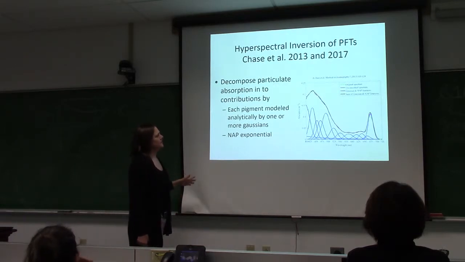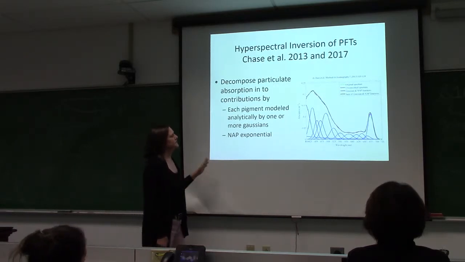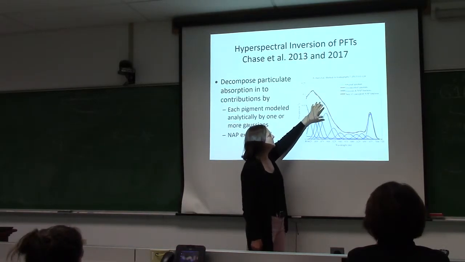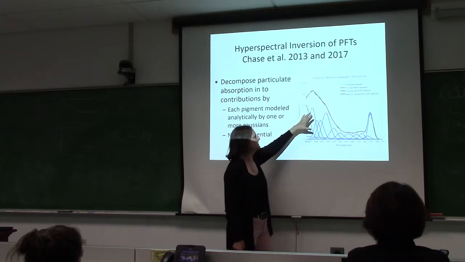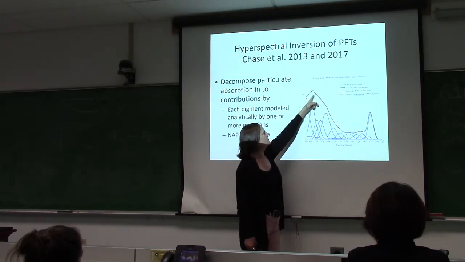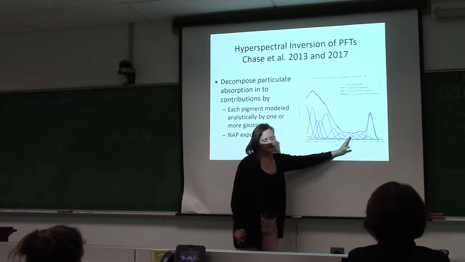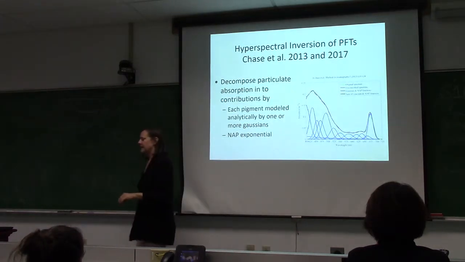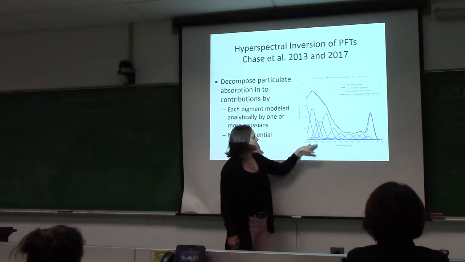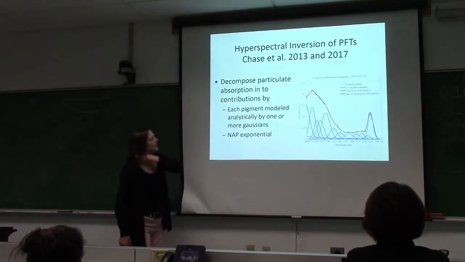So she published a couple papers, and her master's was looking at the absorption spectra of phytoplankton, and this wasn't new. Other people had done this decomposition, but she took it into a really different realm. She decomposed the measured spectrum into the series of pigment Gaussians, right? And then she also added a little exponential for the non-algal particle, and this was a culture.